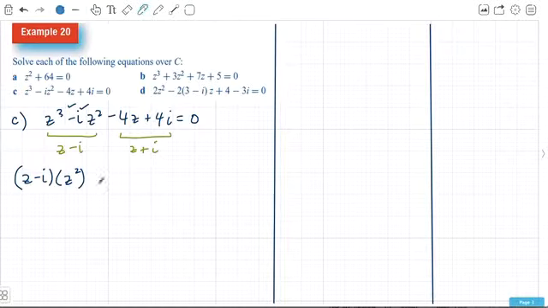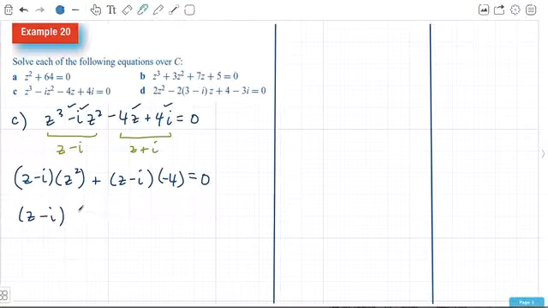And then we'd have Z plus i, and we'd multiply by negative 4, because that would give us negative 4Z, and it should be a minus there, and that would give us the plus 4i here. So we factored out the Z minus i, Z squared was left here, and minus 4 was left here.